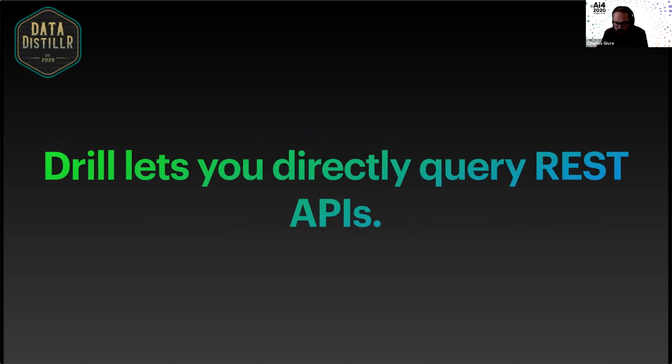This is based on some contributions that I've made to Drill, but basically what this enables you to do is directly query data that is contained in a REST API, and it completely abstracts any of the technical complications of querying this data.